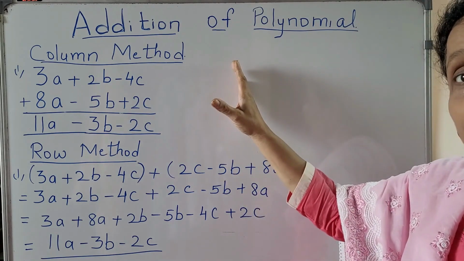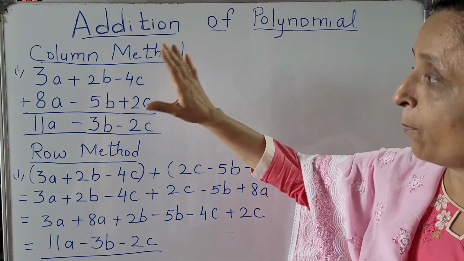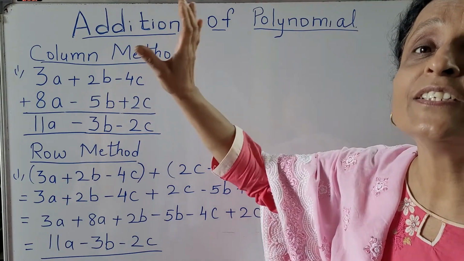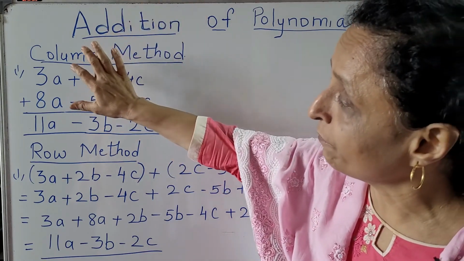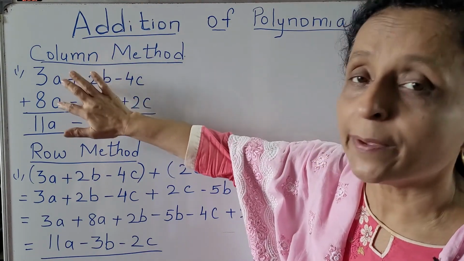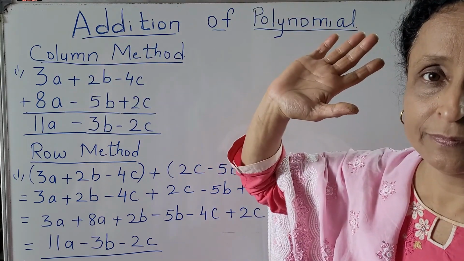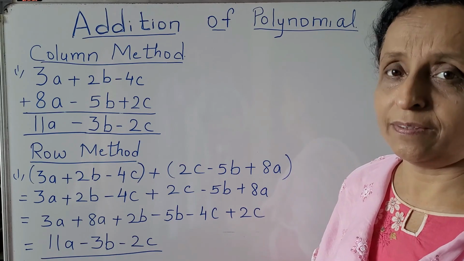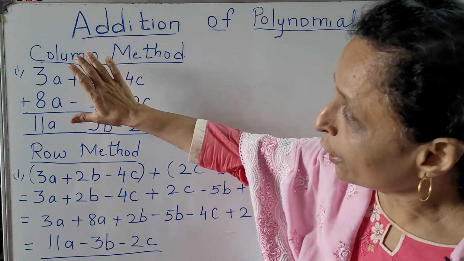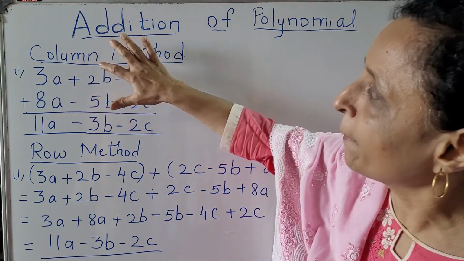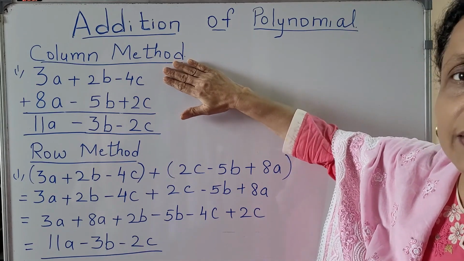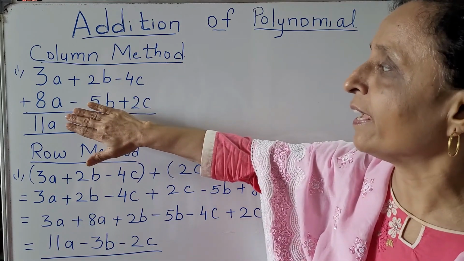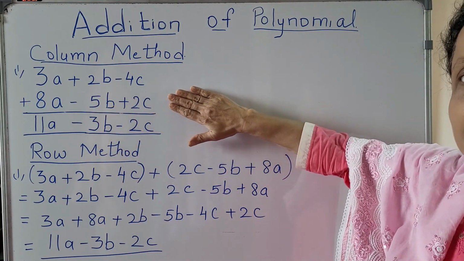In the column method, the polynomials are arranged in such a way that the variables come one above the other, so adding the coefficients becomes easy. Here, 3a plus 2b minus 4c is one polynomial, and 8a minus 5b plus 2c is the other.